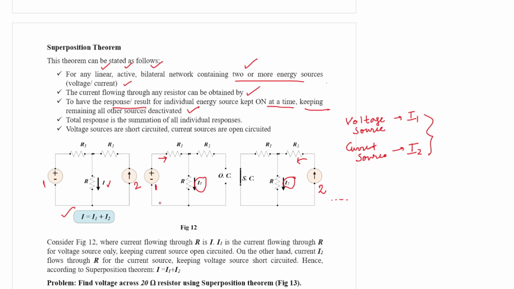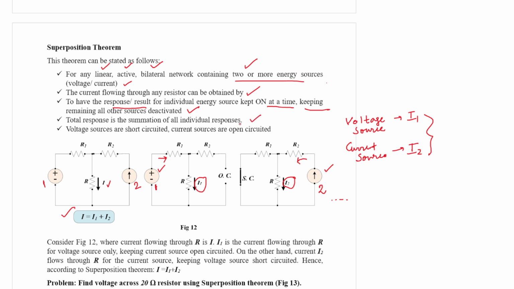Just like for the first case we are considering source number 1, we are deactivating source number 2. Similarly, when you are considering source number 2, we are deactivating source number 1. So in this way, when one particular source is considered, the other sources should be deactivated or not considered.